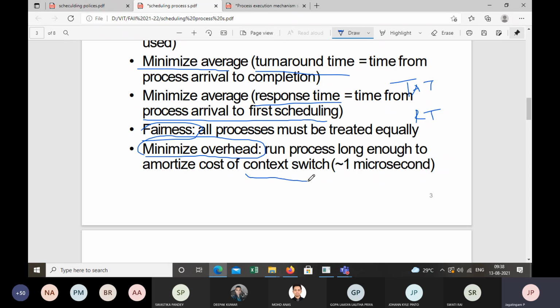Here you have a context switch. Can you please tell me what this is? What is overhead? Okay, so when the operating system decides to context switch from process A to process B, what happens?